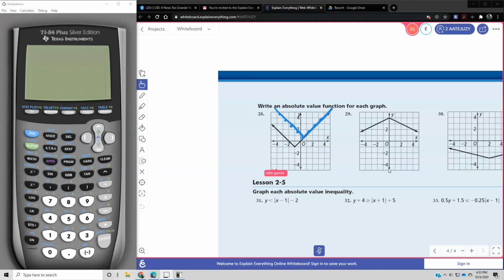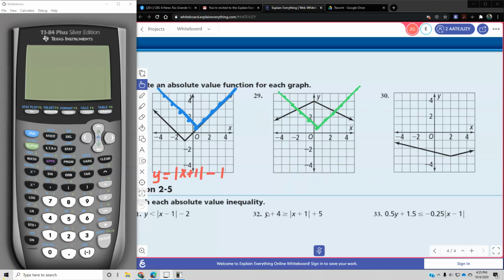If I wanted to write the equation of the new function, I know it's going to be absolute value. I know it's going to go down 1 unit, so it's -1. I know that it's going to go to the left, so it's going to be +1. So y equals the absolute value of x + 1 - 1. If you want to check it, go ahead and make sure you graph it. I'm going to leave that up to you.